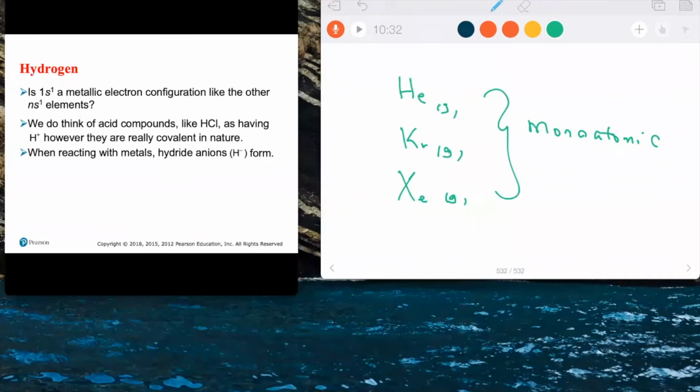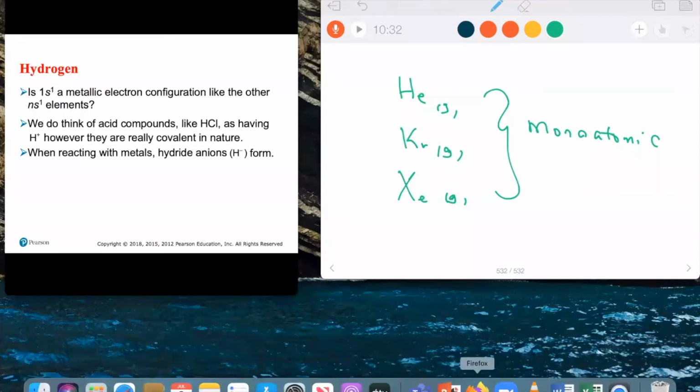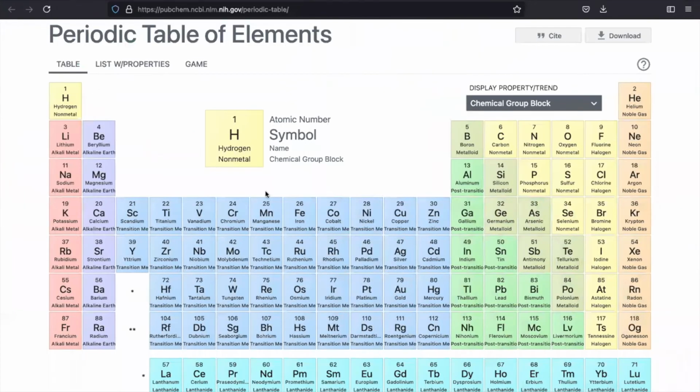Now, hydrogen has a special position on the periodic table. You will see in some periodic tables they have hydrogen right here because hydrogen in one instance reacts as group 1, and that is why it is above group 1 metals, even though it is a non-metal. What does this mean? It can lose its one valence electron, but it can also share that one valence electron.